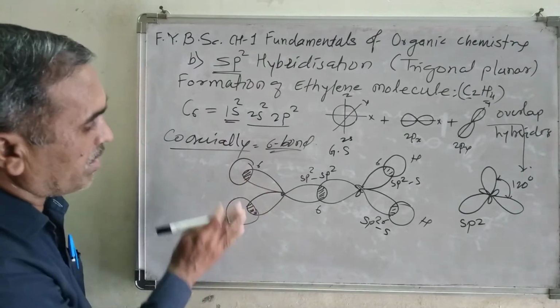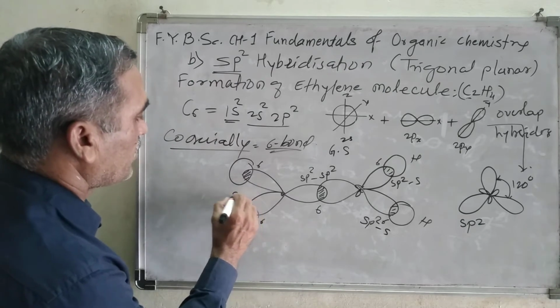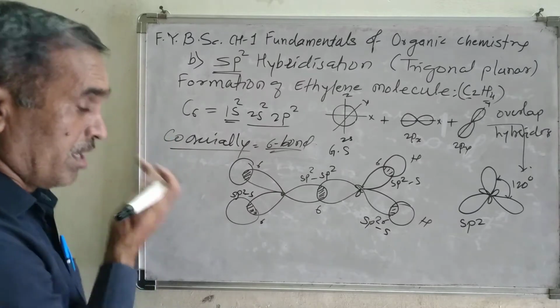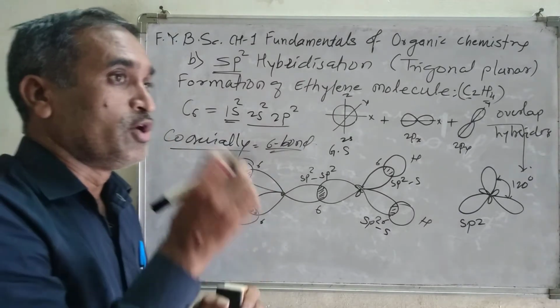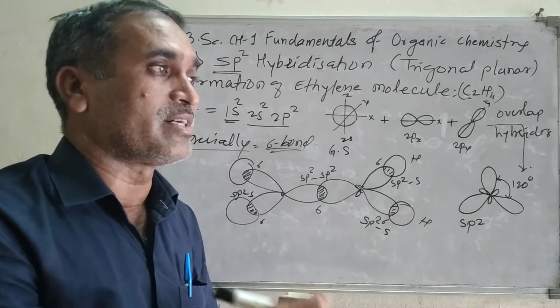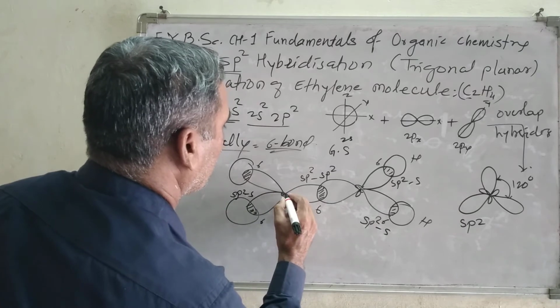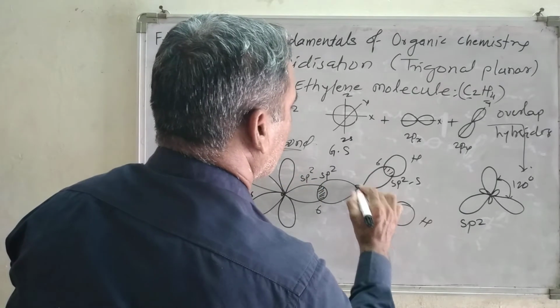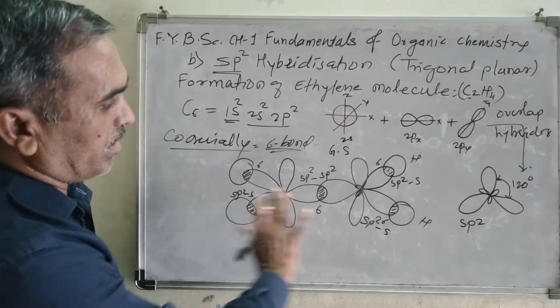So this is a sigma bond formed by sp2-s overlap. Now look, in the previous case we have seen the 2pz orbital is an unhybridized orbital. That 2pz remains as it is, and I am showing that 2pz orbital here clearly.